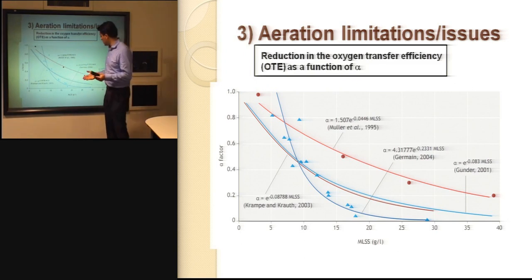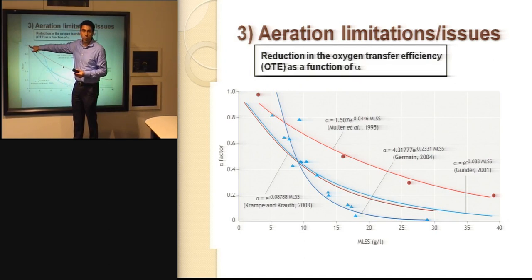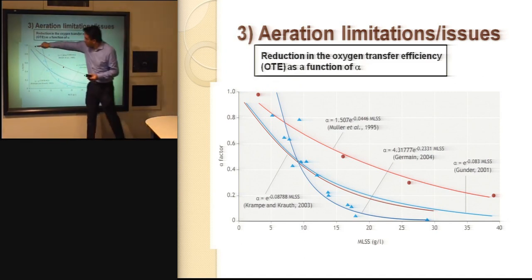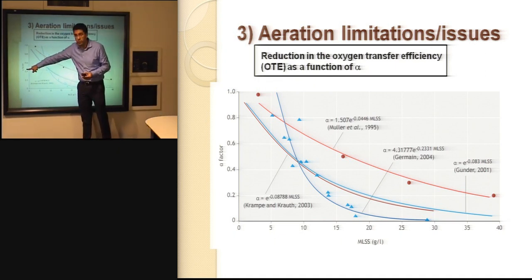If we have no solids or very low solids, we'll have the maximum oxygen transfer capacity. But the more solids we have in the system, the lower the oxygen transfer capacity, usually expressed or measured in terms of the alpha factor.